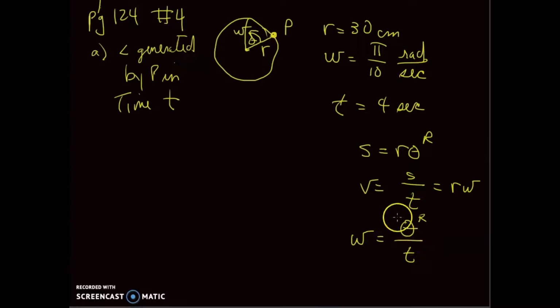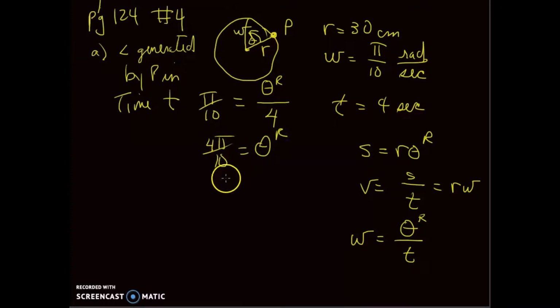We can figure out what that is. So part A. Omega, which is pi over 10, equals theta, which we don't know in radians, over the time, which we do know is 4 seconds. So I'll multiply both sides by 4, and we get 4 pi over 10 is that theta. This is in radians. Reduce, and you get 2 pi over 5 is theta. That's the first thing we're supposed to find.